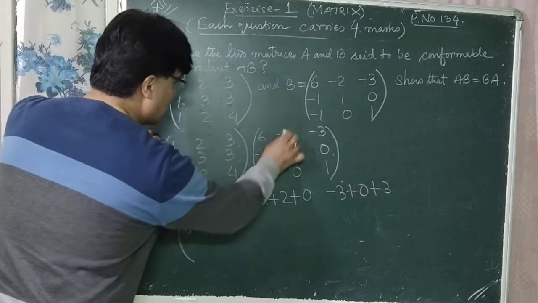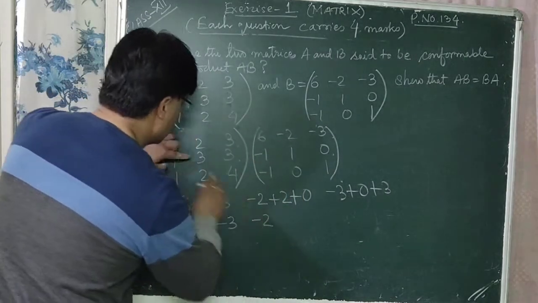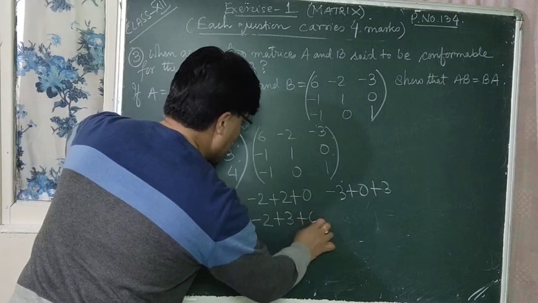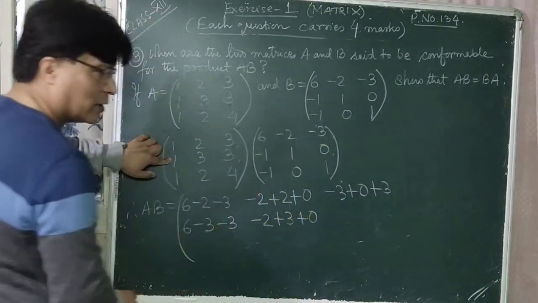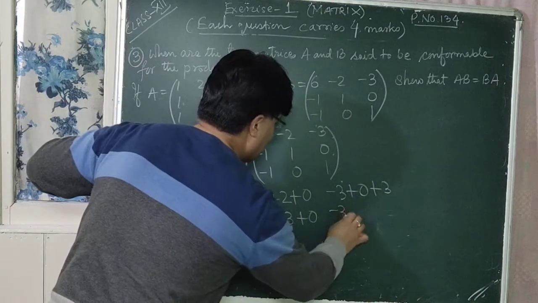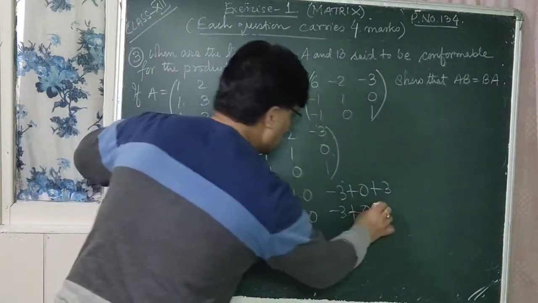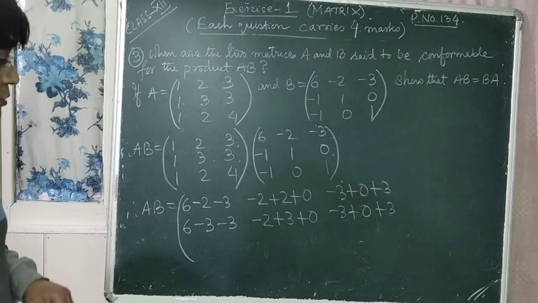Again, this second row should be multiplied by the second column. 1 into minus 2, plus 3 ones are 3, plus 0. Right? Again, this second row should be multiplied by the third column. 1 into minus 3 is minus 3, plus 0 into 3 is 0, plus 3 ones are 3. So this is the second row.